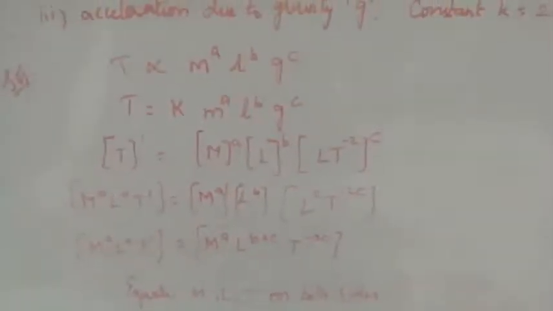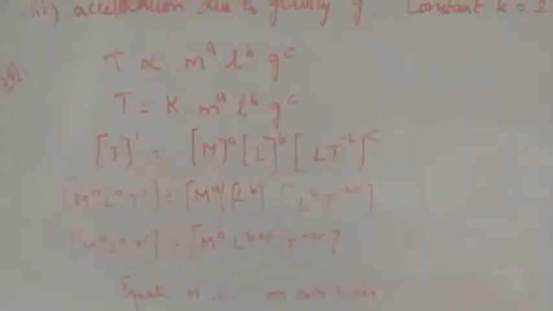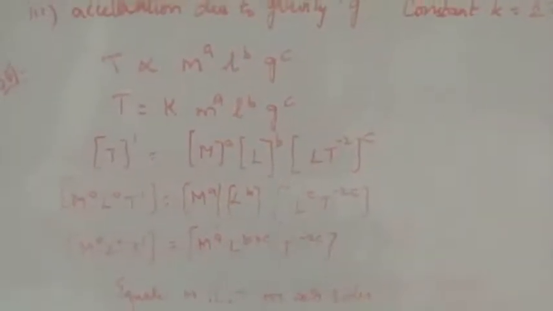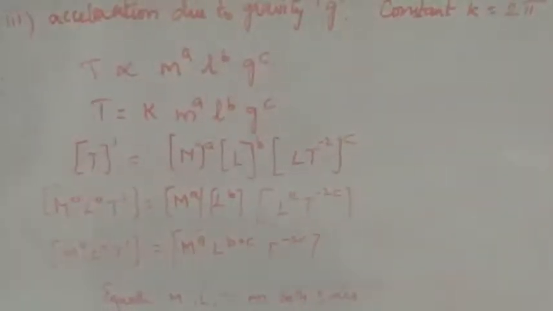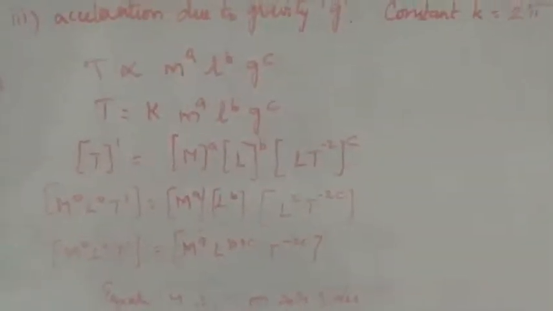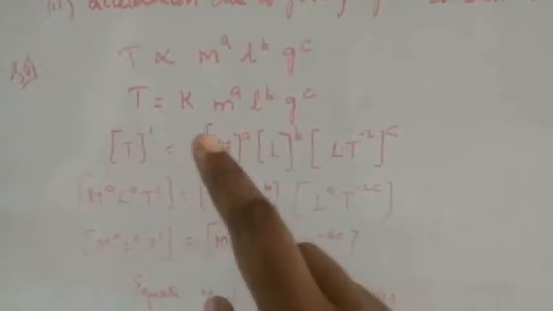When you remove the proportionality, you have to add one proportionality constant, which is k. So T equal to k into m power a, l power b and g power c. So for time, the dimensional quantity is T itself. So T power 1 is equal to, k is a constant, so we need not consider that. We are going to relate only the dimensional formula.